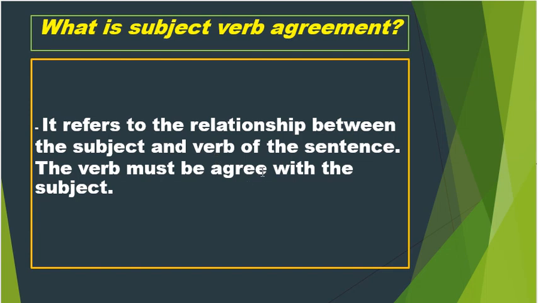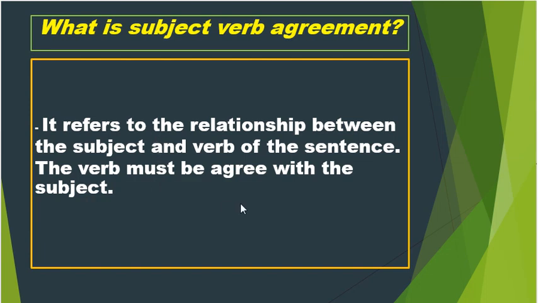They must match each other. If they are not matched, for example the subject is plural and the verb is singular, then the grammar is wrong and the sentence will be incorrect. Or sometimes the subject is singular and the verb is plural, so it's wrong.